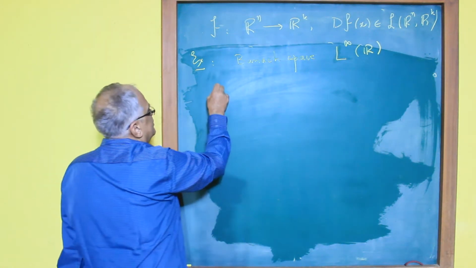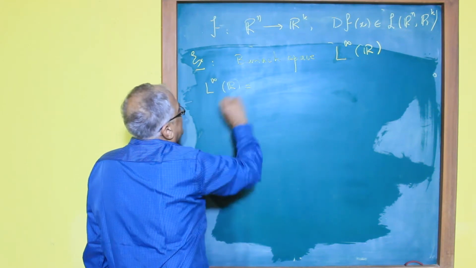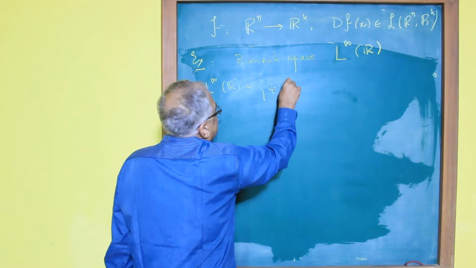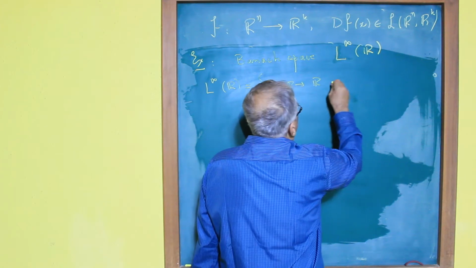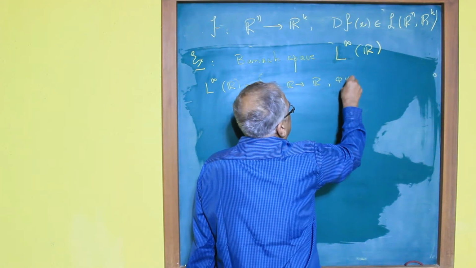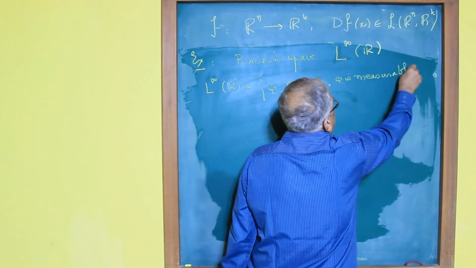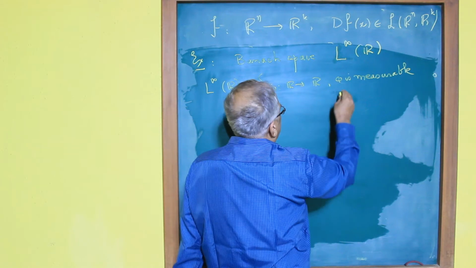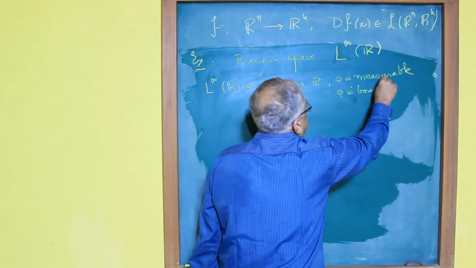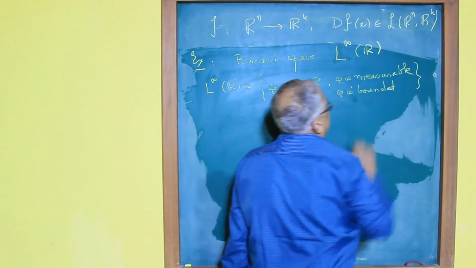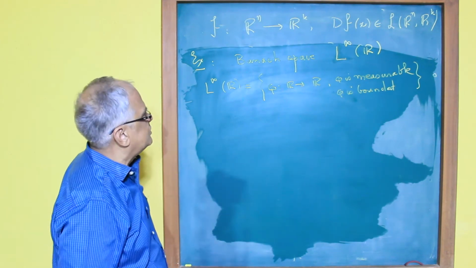L infinity of R is equal to all those phi from R to R such that phi is measurable, whatever that means, it's not too important, and phi is bounded. So they are bounded functions, which are also measurable.